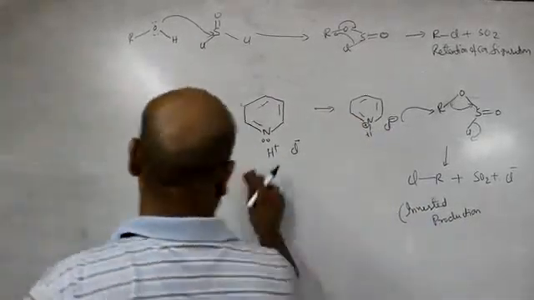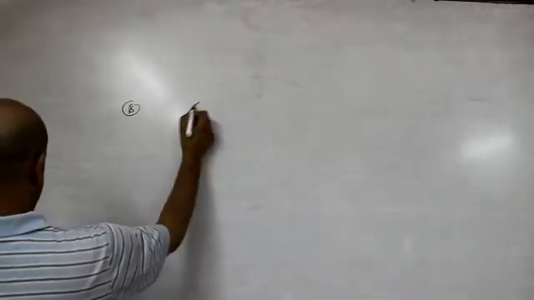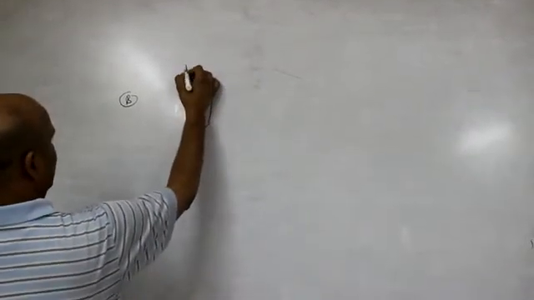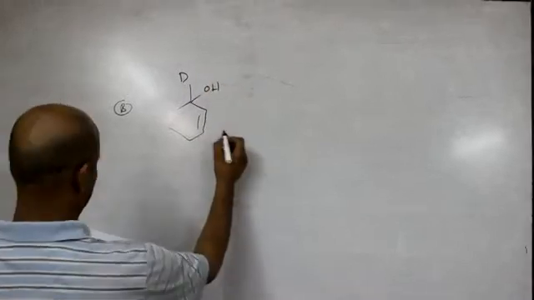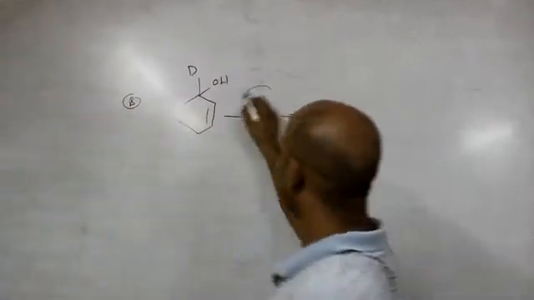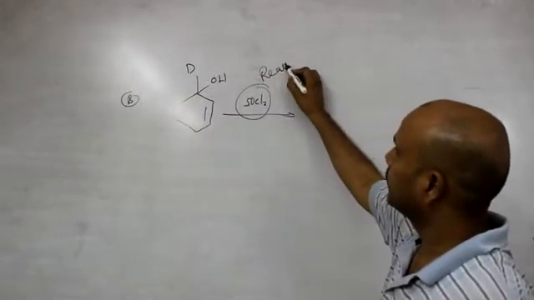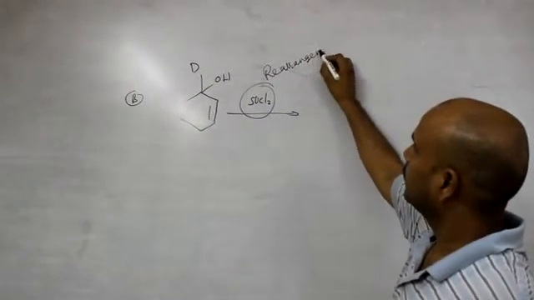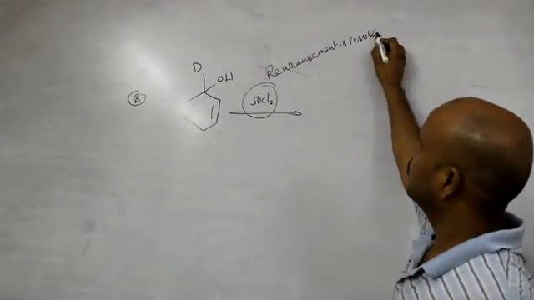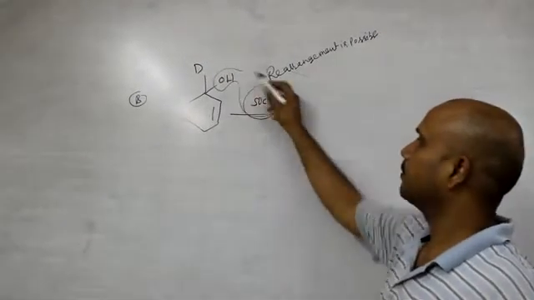Now, we have part B, with OH and SOCl2. As I told, in the case of SOCl2, rearrangement is possible. If you remove this, what happens?